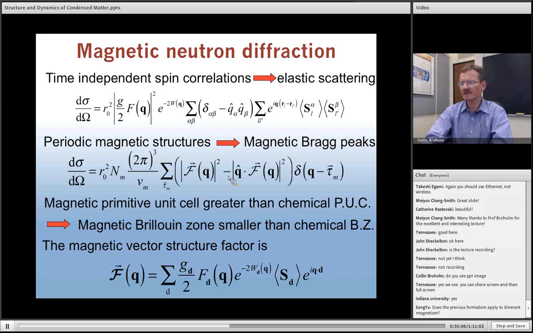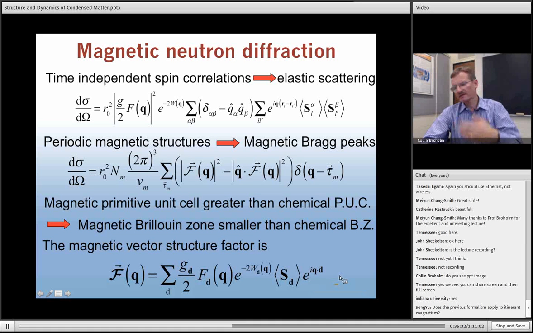In the case of magnetic scattering, the expression is actually a vector structure factor, written here at the very bottom. Here I have a discrete Fourier transform. I'm summing over all of the spins in the magnetic unit cell, summing the expectation value of the angular momentum vector, which gets Fourier transformed according to this phase factor.